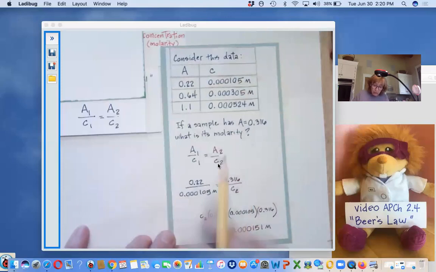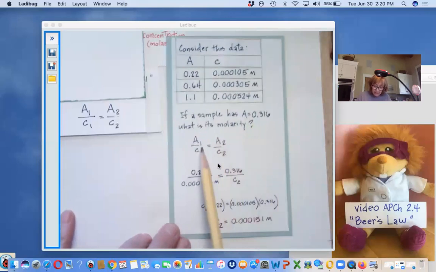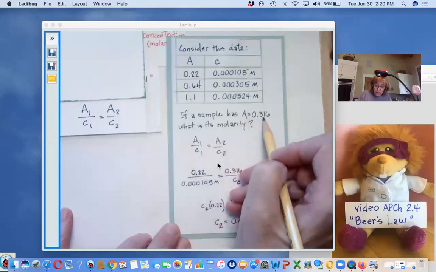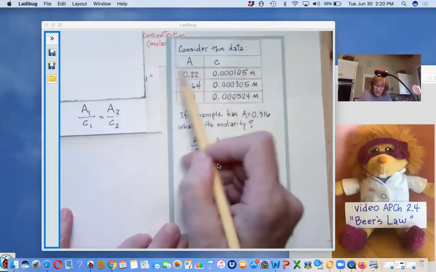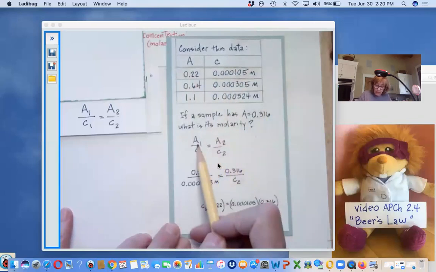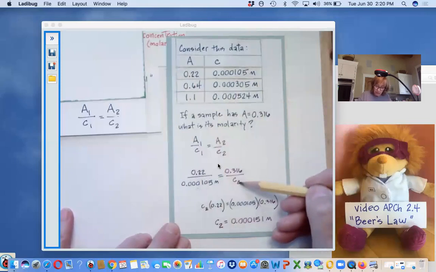All right, to use this ratio, this proportion, we're going to pick a set of data that has an absorbance close to this one. So I'm going to pick this set right here. And that's going to be my A1 and my C1. A1 is to C1 in the same way that my new absorbance, my mystery absorbance, is to its concentration.